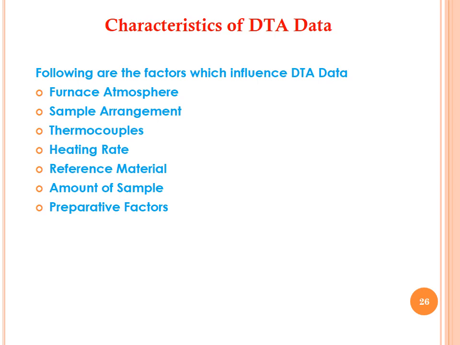The following are the factors which influence the DTA data. The DTA data is the result of the curve we got, either a maxima or a minima. Various factors affect that data: furnace atmosphere, sample arrangement, thermocouples, heating rate, reference material, amount of sample, and preparative factors.